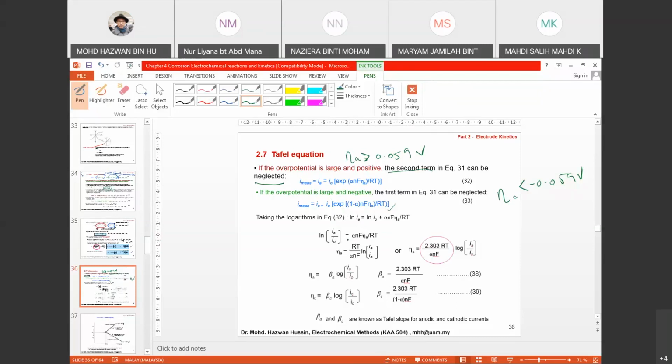So what happened is that, okay, so you know that the I measured will be equal to the current density.